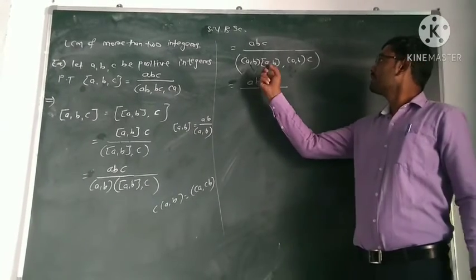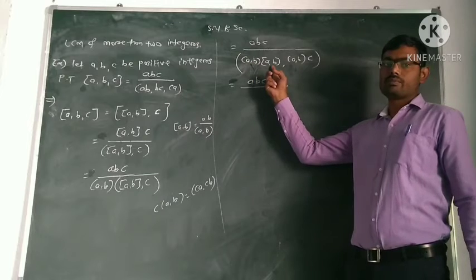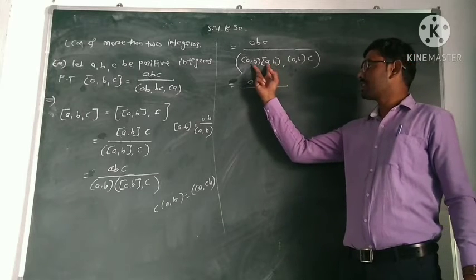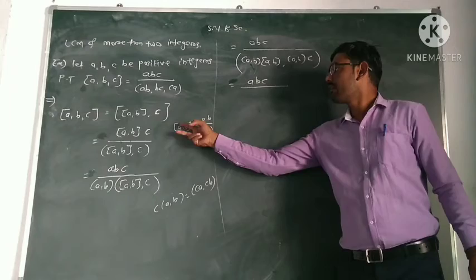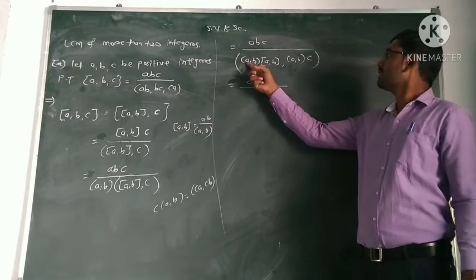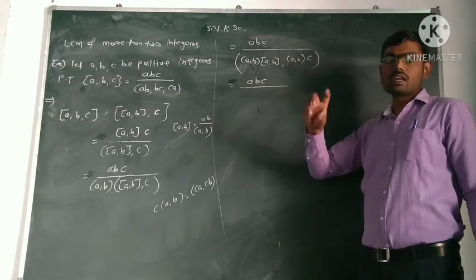Again our relation: GCD into LCM of two numbers is equal to their product, A into B.